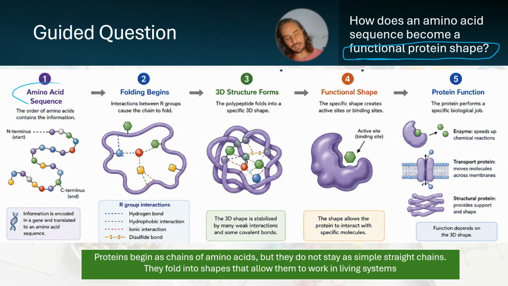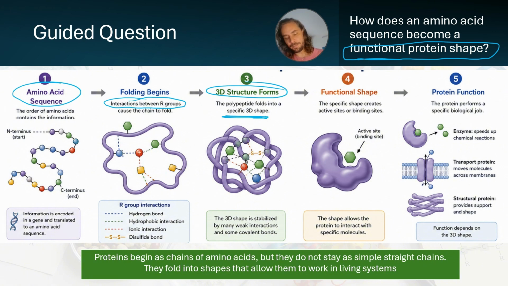So we have the amino acid sequence. From the amino acid sequence, folding will begin because of the interactions between the R groups. The 3D structure would then start to take form, and it falls into a very specific 3D shape.